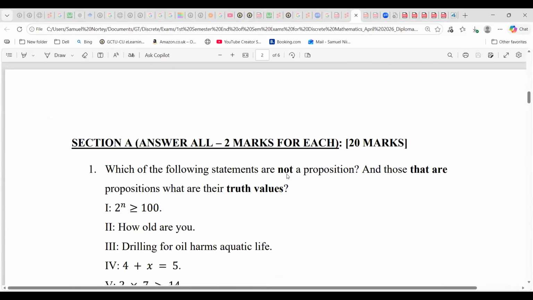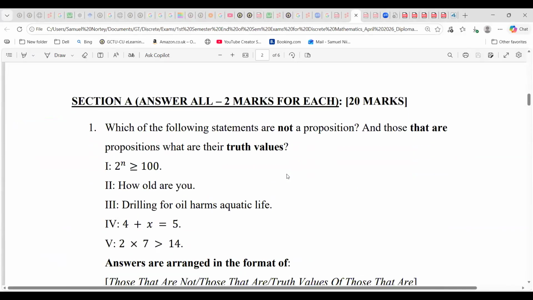Now, section A. Which of the following statements are not propositions? And for those that are propositions, give their truth values. So in this question, you are supposed to answer three things: determine whether a statement is a proposition or not, and then determine the truth value.